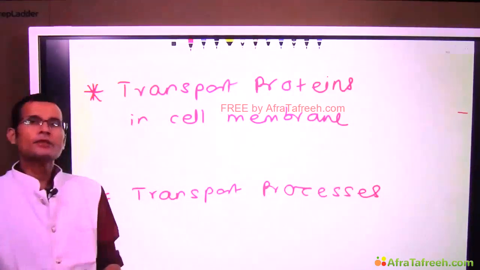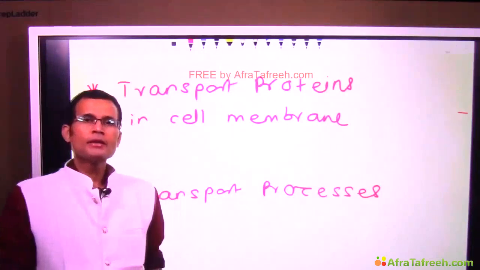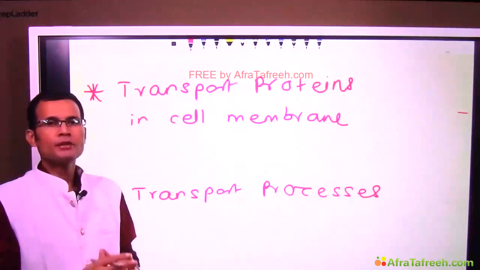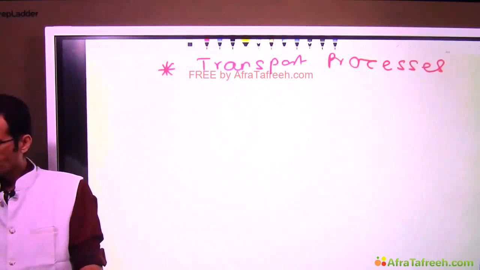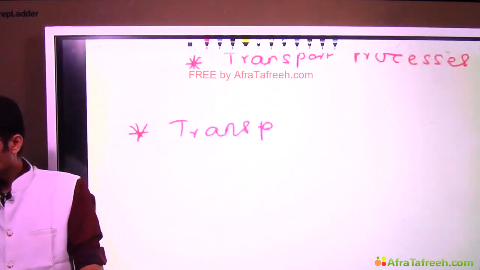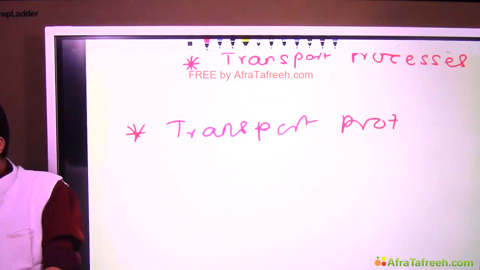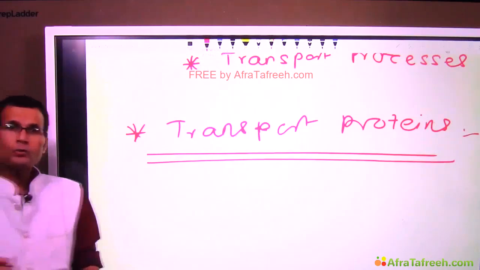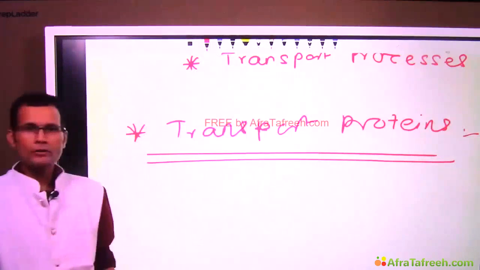And immediately after that, we will discuss transport processes through the cell membrane so that it would be contextual, and we will be able to correlate the things better. So let's start with the first part of it, the transport proteins in the cell membrane. These are the proteins that allow the transport of various substances through the cell membrane.